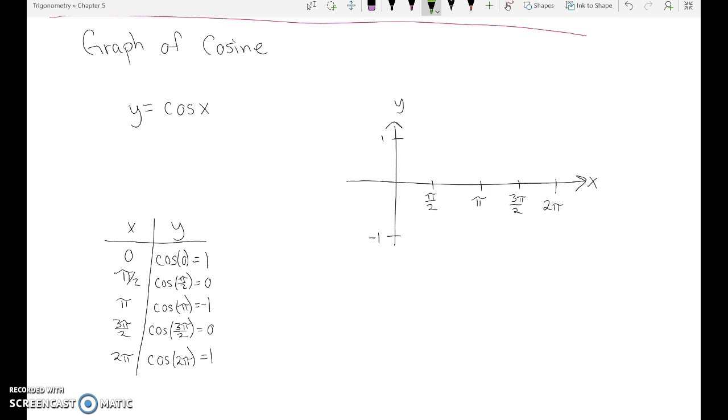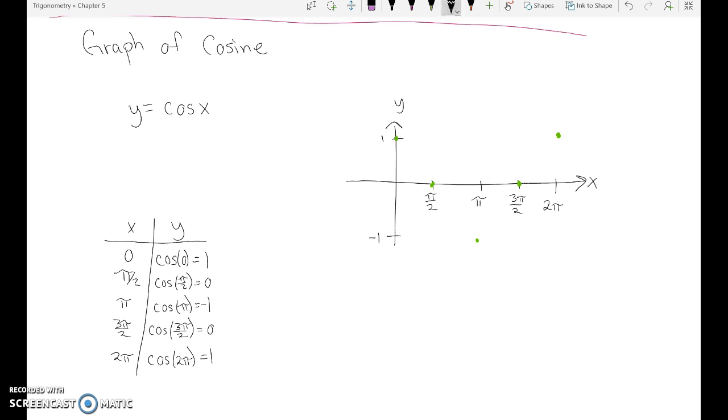And so I'll pick my points. My first point is (0, 1), so it starts up here. Then I have pi halves and 0. Then I have pi and -1. And I have 3 pi halves and 0. And I have 2 pi and back up to 1. So those are my different points.